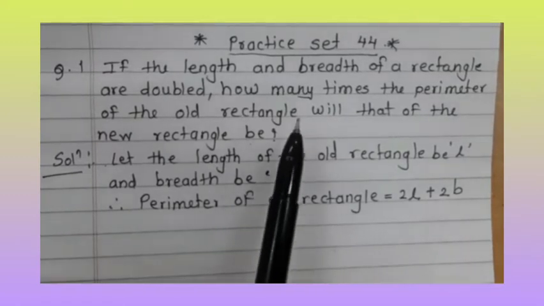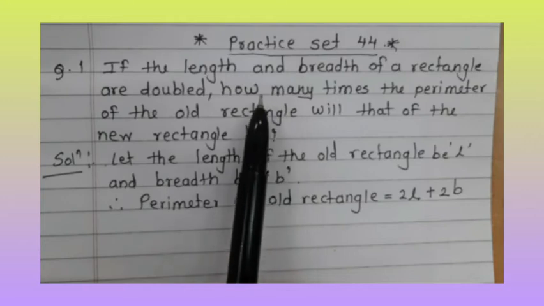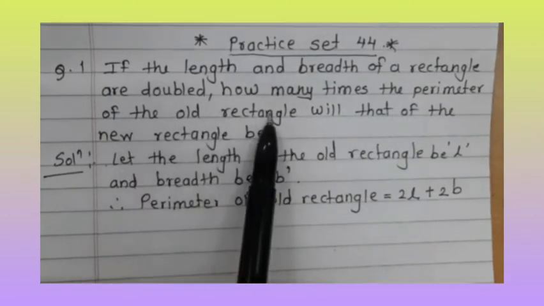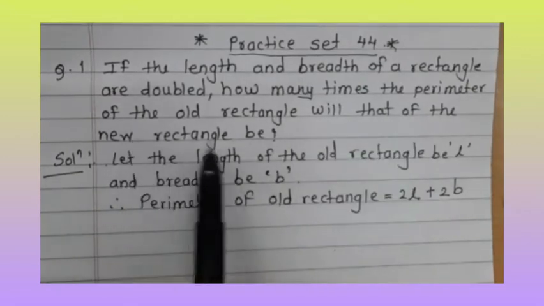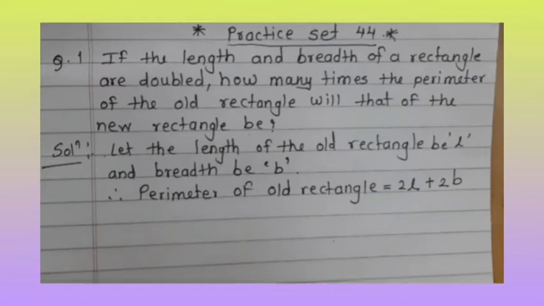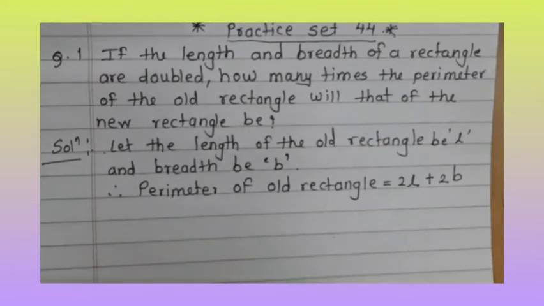We have to find out how many times the perimeter of the old rectangle will that of the new rectangle. So I have to find out the perimeter of the new rectangle also.